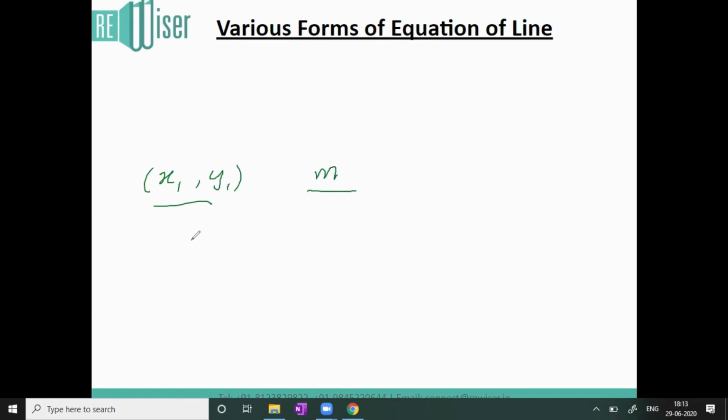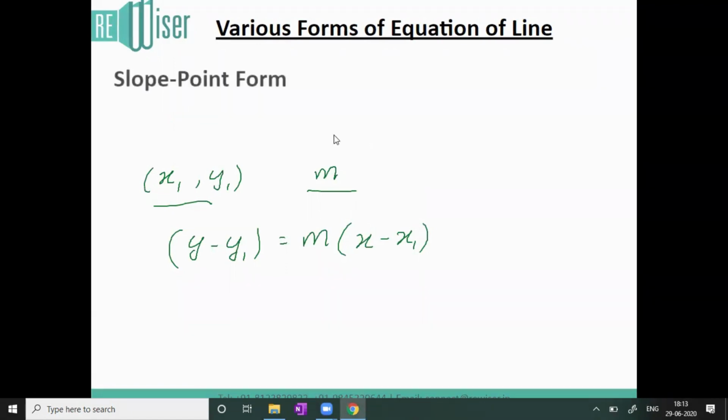The equation of the line looks like y minus y1 equals m times x minus x1. Since I'm using a point and a slope, this is known as the slope-point form.